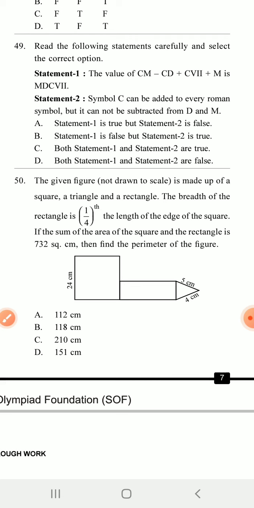Number 50. The given figure is made up of a square, a triangle and a rectangle together. The breadth of the rectangle is 1/4 of the length of the edge of the square. If the sum of the areas of the square and the rectangle is 732, then find the perimeter of the figure.